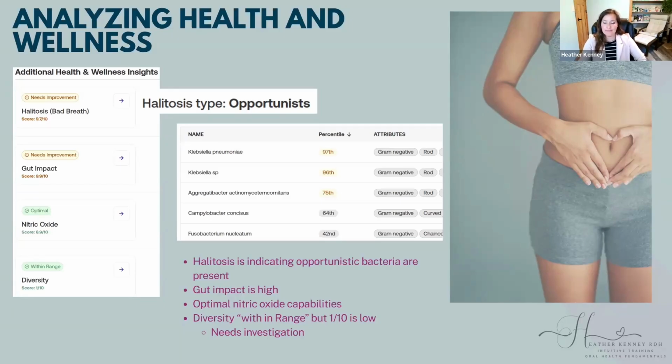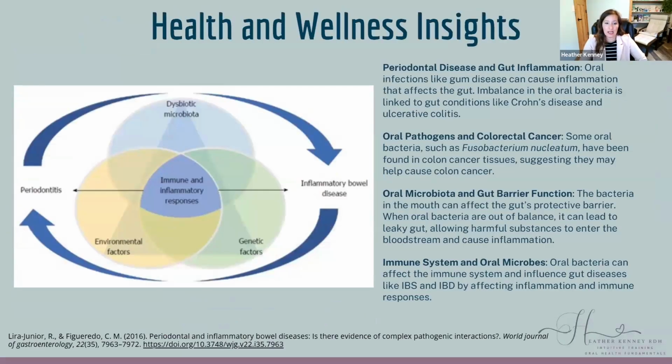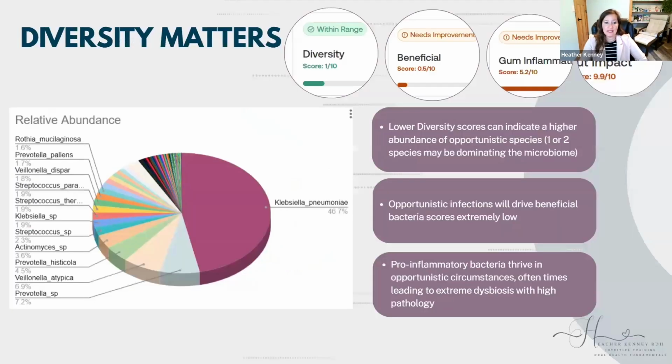Her diversity is a little bit on the lower side. One is a red flag for me. So we really need to understand the inflammatory issue with the inflammatory bowel thing and how that plays a role in disease progression. Because when we have a dysbiotic situation, that Klebsiella was at 46% relative abundance.